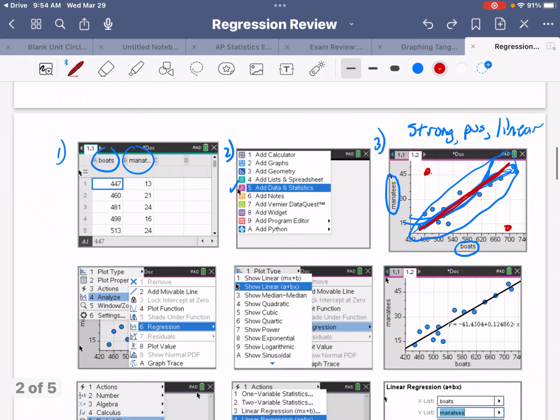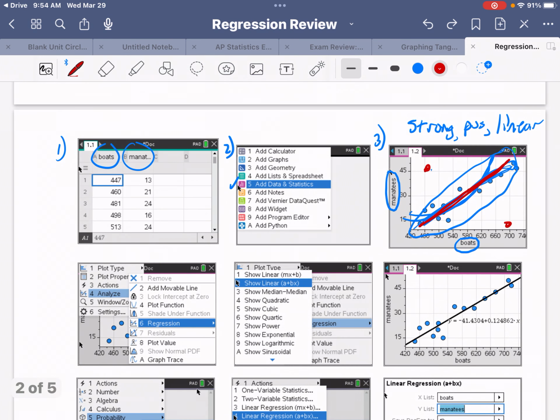So the next thing you can do is, after you've got your scatter plot up there in step 3, step 4, while you're in the scatter plot, press menu, and then you choose analyze, and then you choose regression, and then step 5, show linear a plus bx, and it'll just put the equation of the least squares regression line right onto the screen with the scatter plot.